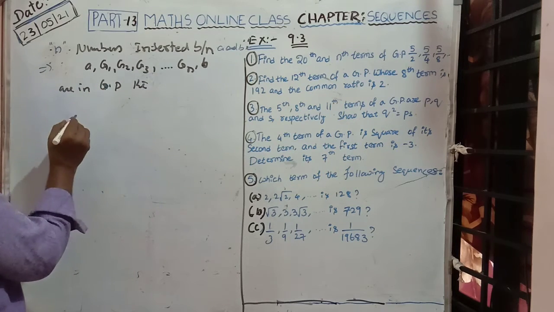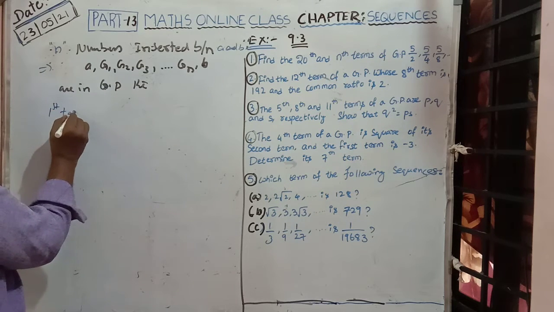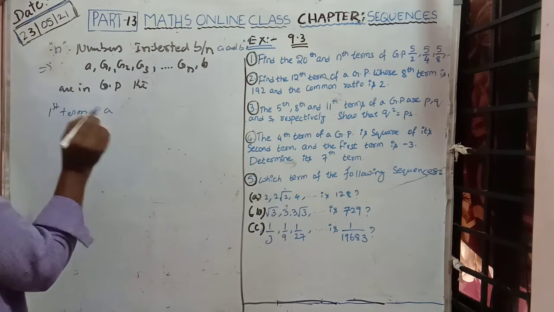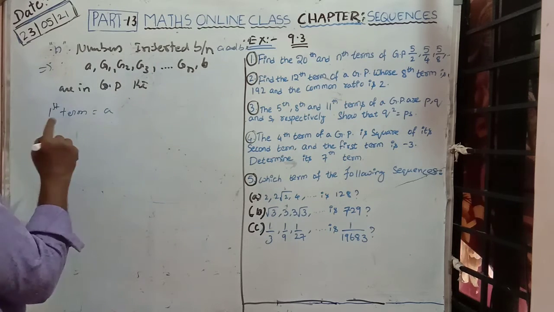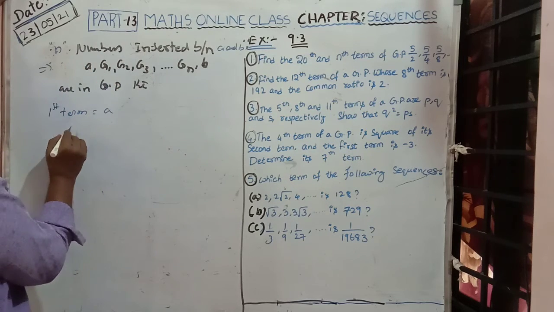In this above GP, the first term is A. B is after the middle n terms: n plus 1, n plus 2.